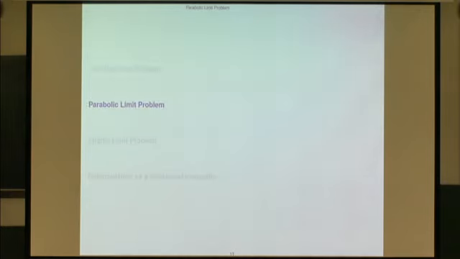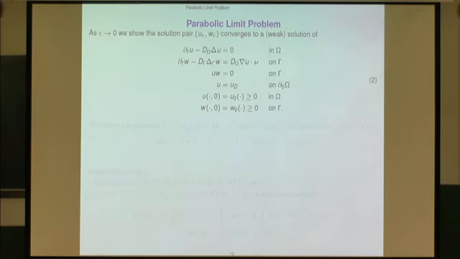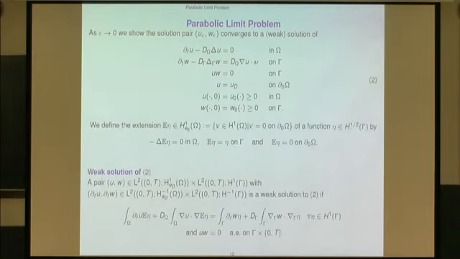And indeed, as epsilon goes to 0, we can show the solution pair we've just constructed converges to a weak solution of this limiting problem you see here, which is a free boundary problem where the free boundary is the boundary between the set where the trace of U is positive and W is positive. And so, to get a notion of solution to this problem, I have to define the extension of a function.